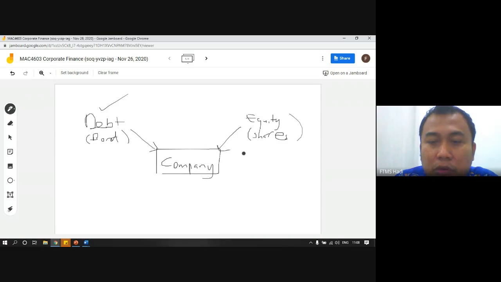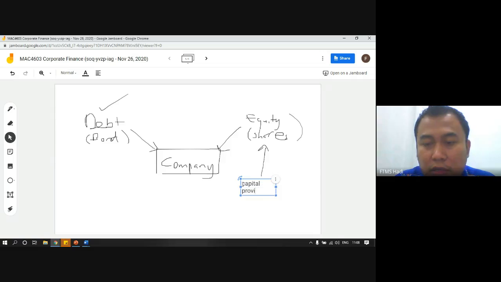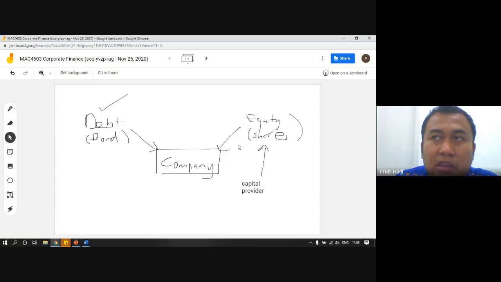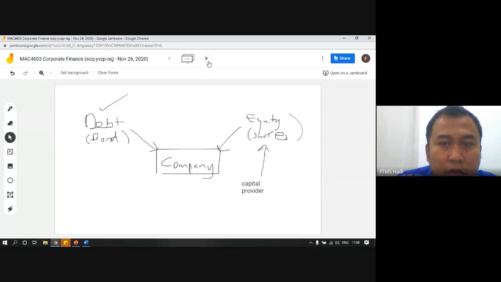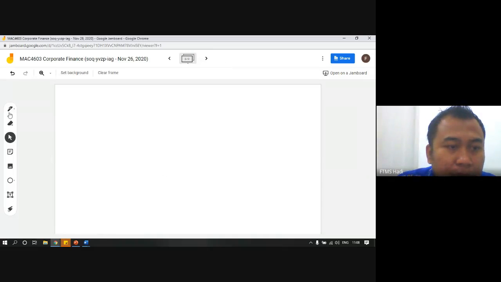It is because equity is based on what we call a capital provider, whereby capital provider means that investors will purchase shares. There is not only one investor, but hundreds or thousands of investors who want to invest into that particular company.